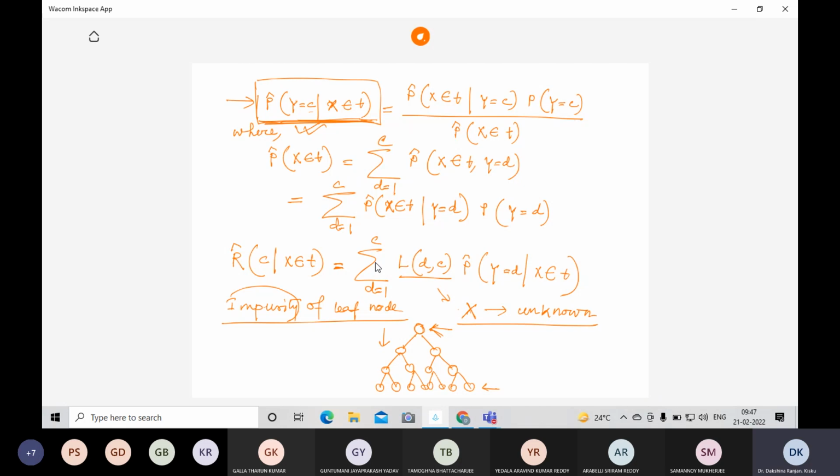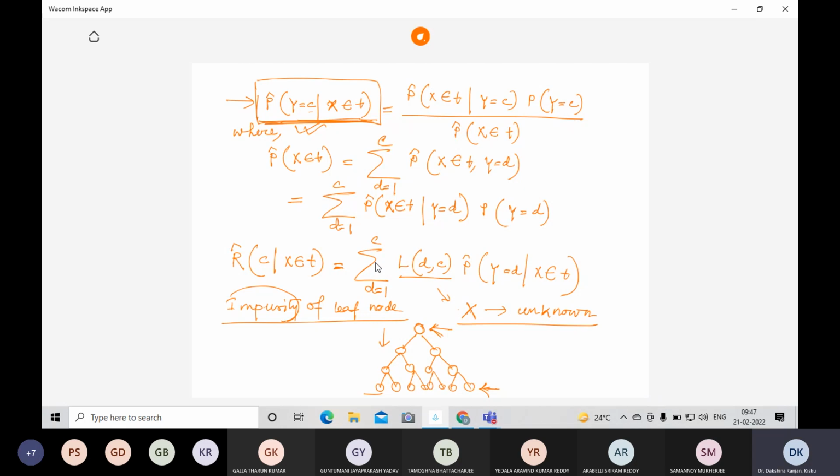When it is gradually propagated through these non-leaf nodes or internal nodes to the leaf node, at the leaf node we will have the purity for this unknown example X. That means the purity level will be very high at the leaf node, because at the leaf node we get the class information, or the label, of this unknown sample. That is why we get the purity of the leaf node for the unknown example.